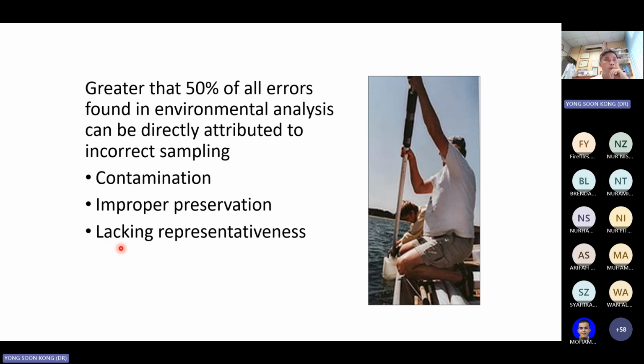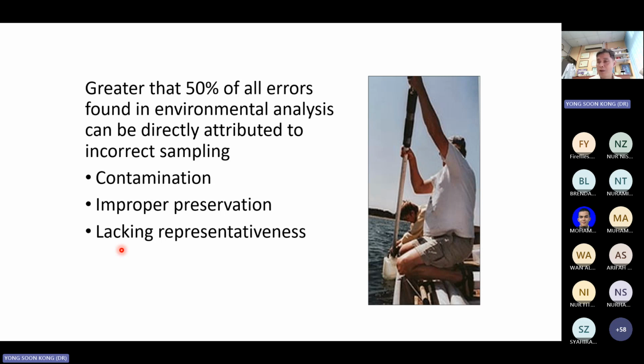So these are the design of the sampling plan. Okay, representativeness is how many samples you want to collect so that they represent the entire body of the area that you want to analyze.